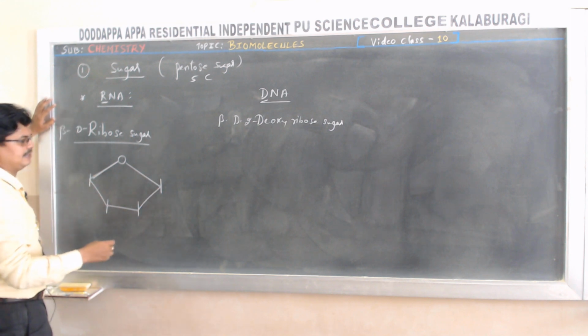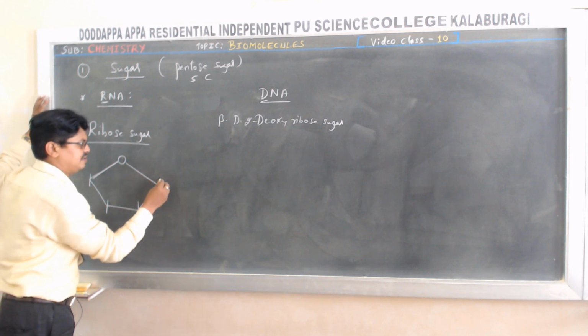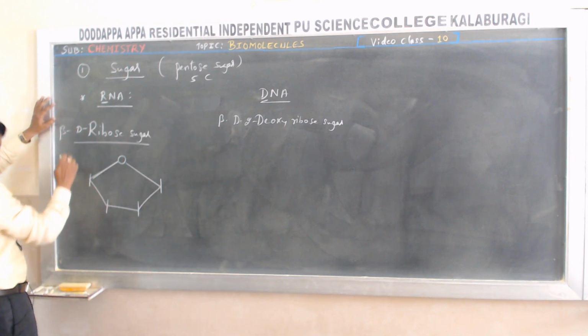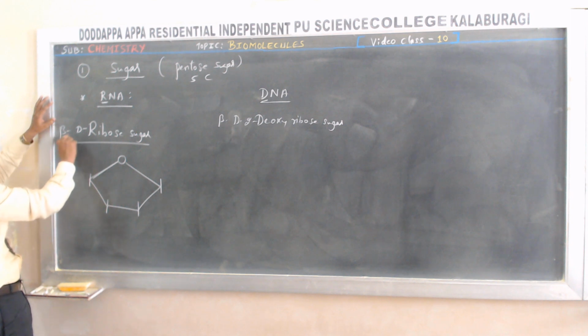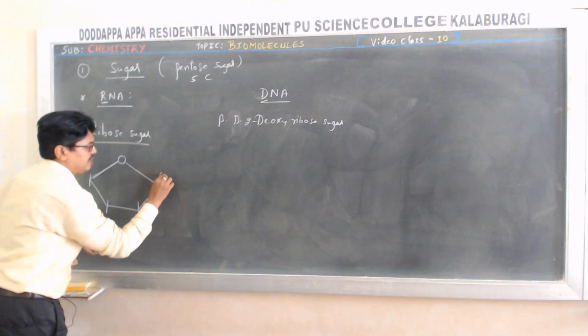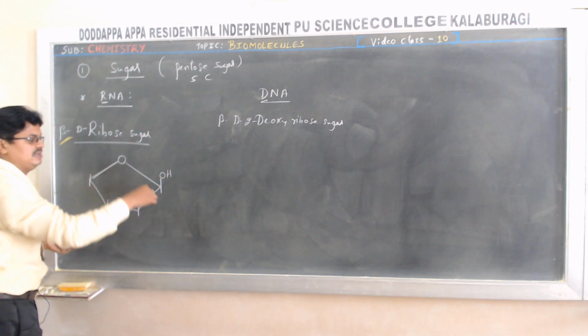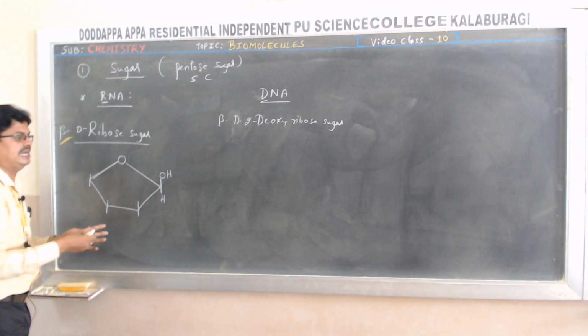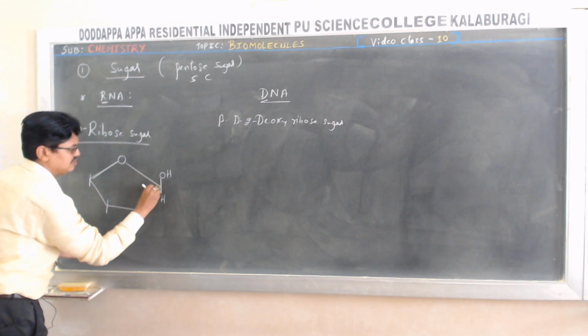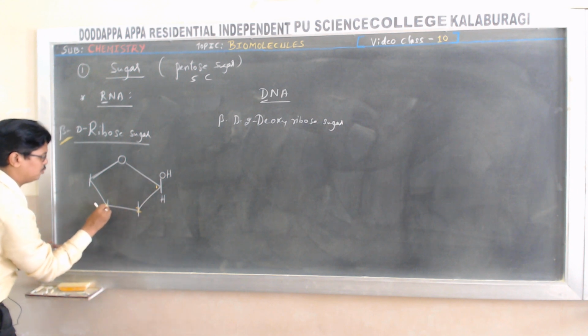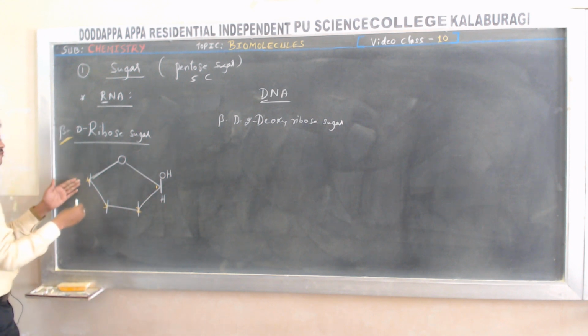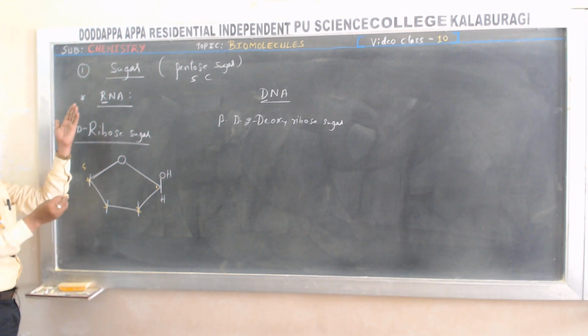Okay. Look at here. First carbon. It should be beta. Beta means OH should be above the plane. H should be below the plane. Let me mention here the carbon numbers. This is carbon number 1, carbon number 2, carbon number 3, carbon number 4, and carbon number 5 will be outside the ring.